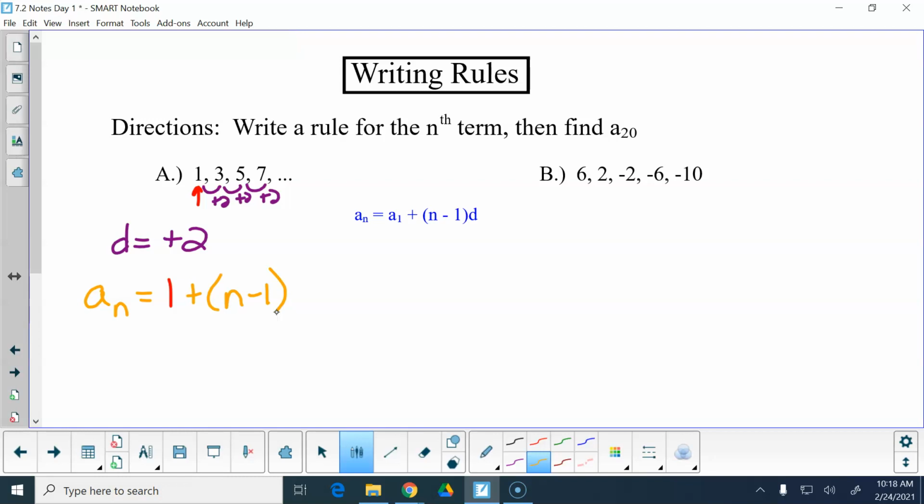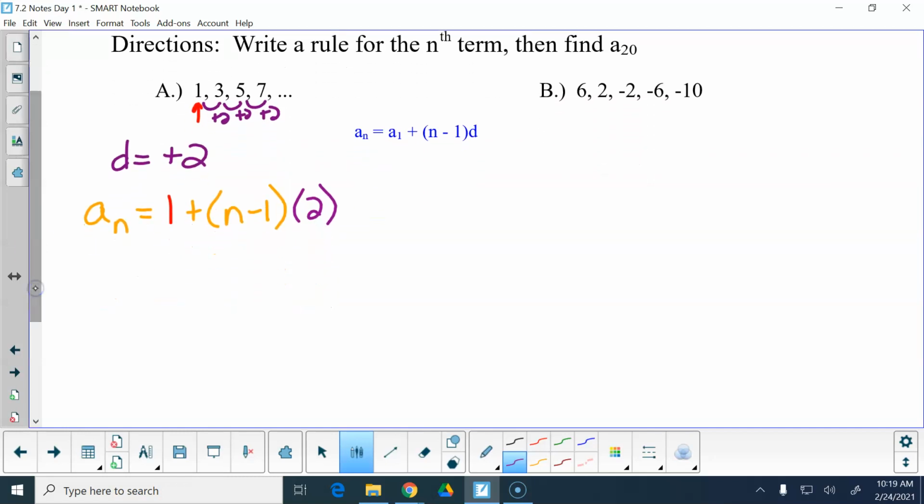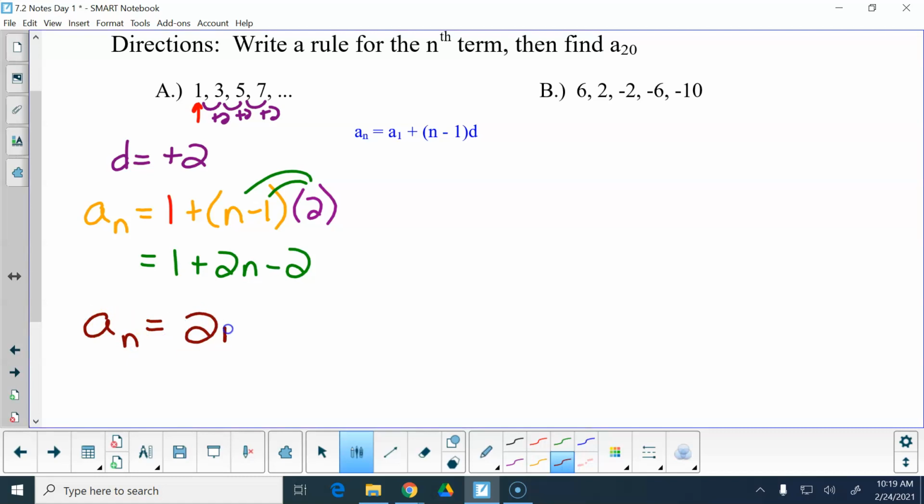We're finding a general rule for any term in this sequence. So n stays n, times my common difference, which is 2. Now, we like things simple, so we're going to simplify that rule. This becomes 1 plus 2n minus 2 when I distribute the 2. That gives me a rule of A sub n is equal to 2n minus 1.